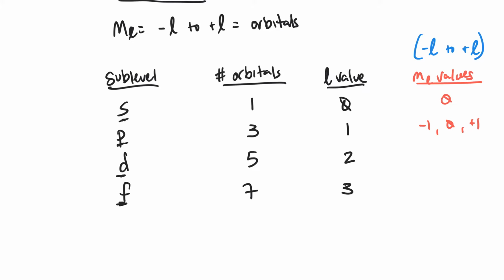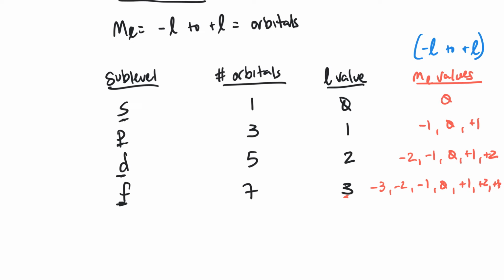M sub L values for 2 are -2, -1, 0, +1, +2. And M sub L values for when L is equal to 3 are -3, -2, -1, 0, +1, +2, +3.